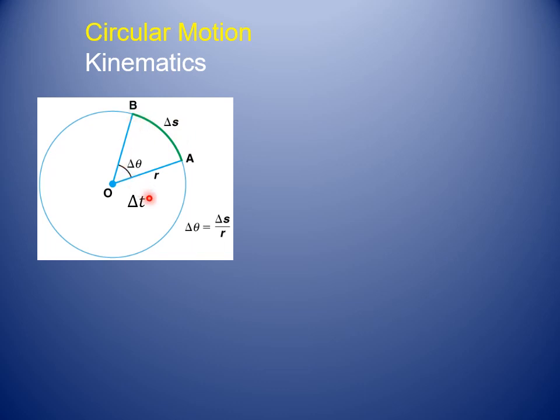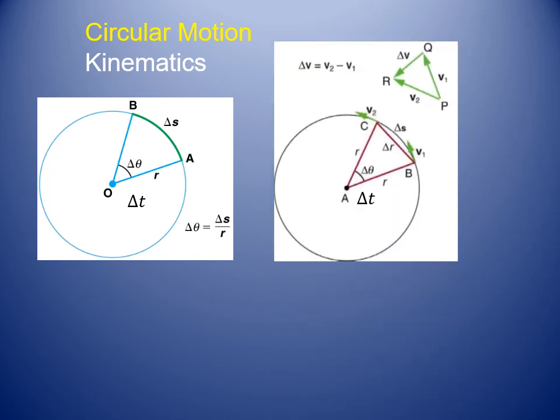To begin with, you will see that a time delta t has passed. It goes through this arc length, but the direction changes.